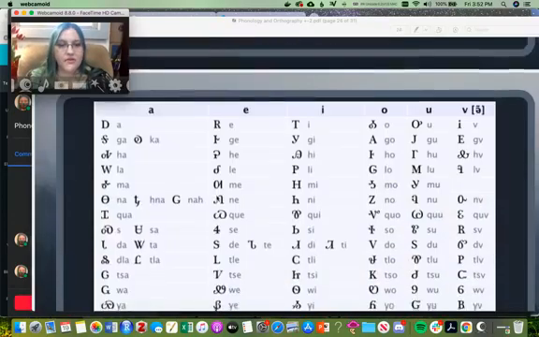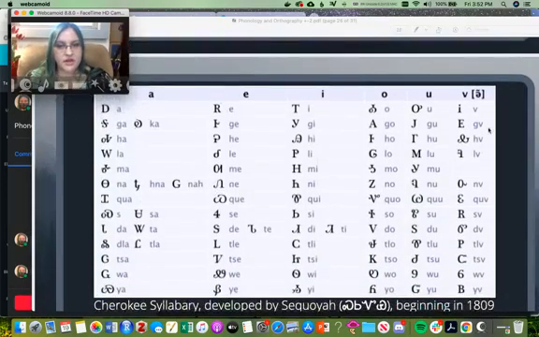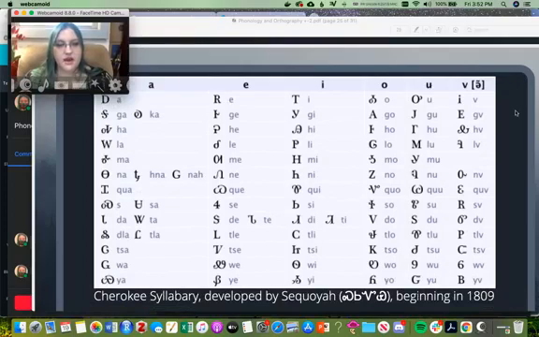An example of a syllabary is here. This is the Cherokee writing system. This was developed by Sequoyah, the Cherokee polymath, and he started to develop it in 1809, and after it was officially adopted in 1825, within 5 years of that time, the Cherokee population's literacy rate surpassed the general literacy rate for the U.S. at that time, after they had adopted this syllabary.